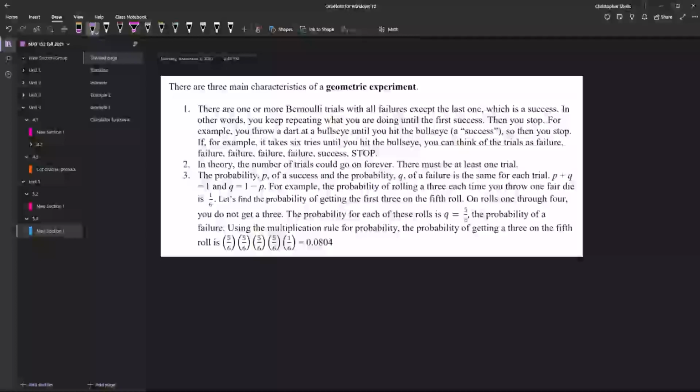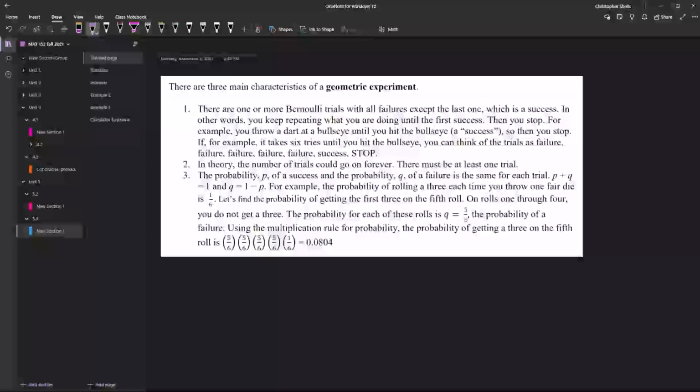Well, if we find the probability of getting the first 3 on the 5th roll, then we're saying that on the first 4 rolls, we do not get a 3. So here, getting a 3 is a success, not getting a 3 is a failure.